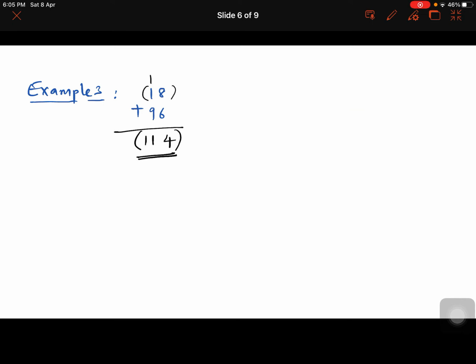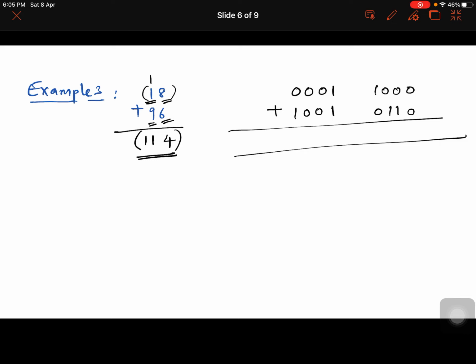Okay, so let me convert this 18. So what is 1? It is 0001. 8 is 1000 plus 9 is 1001. 6 is 0110. Let me add them. 0 plus 0, 0, 0 plus 1, 1, 1, 1, 1 plus 1, 0, carry 1.